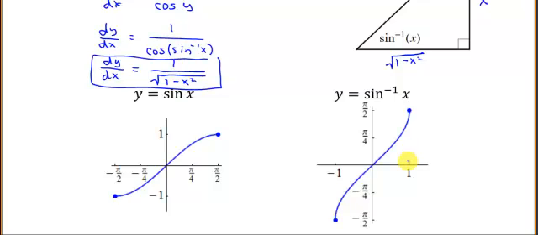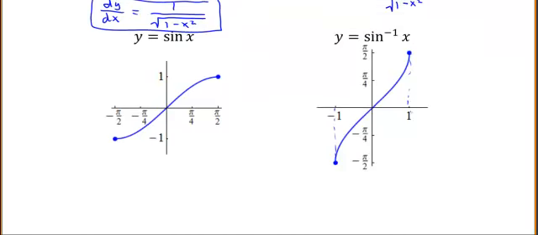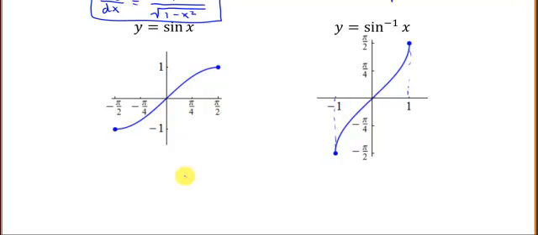At the very ends, at 1 and at negative 1, it would be undefined, because its slope would be vertical at that point. So keep in mind, we have this formula now: the derivative with respect to x of the inverse sine of x is equal to 1 over the square root of 1 minus x squared.